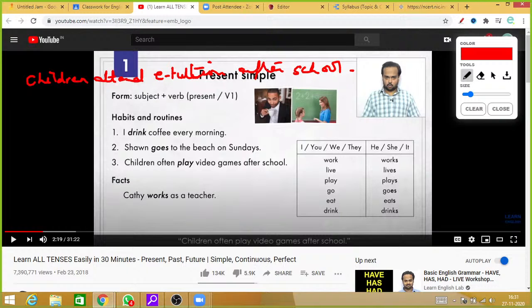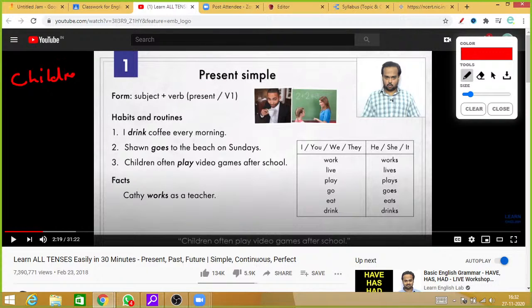Normally, I think mostly children, e-tuition though is a thing of these days. Otherwise, normally, children go for tuition.